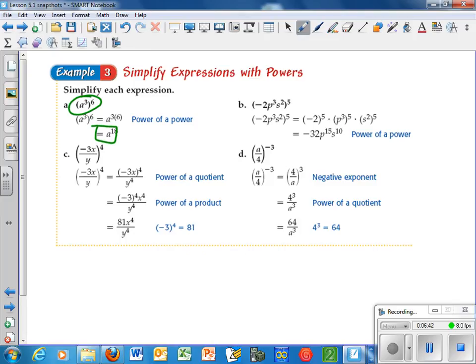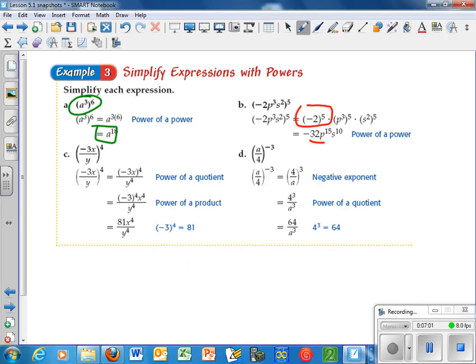We have negative 2. So a coefficient you have to take to that outside power. A common mistake there is that people want to multiply the coefficient times the outside power, and that's not correct. So notice we have to take negative 2 to the fifth power. So multiply negative 2 together 5 times, or negative 2 in parentheses. That gives the negative 32 right there.